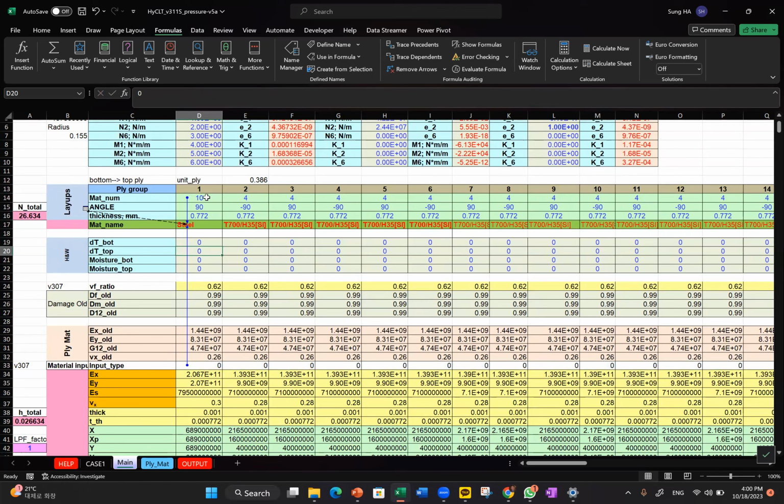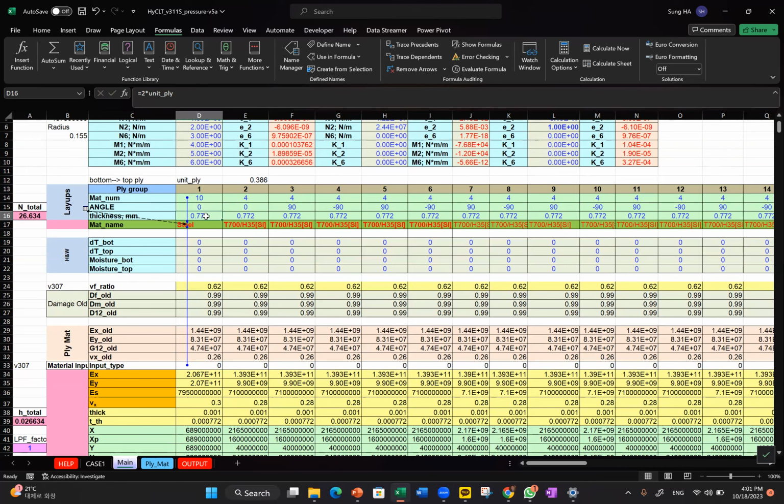So what we'd like to do is have an isotropic steel. The angle is not the main point. You can enter 0, or you can enter any angle for the isotropic. In case of isotropic, the angle doesn't mean anything. It can be 0 or anything.